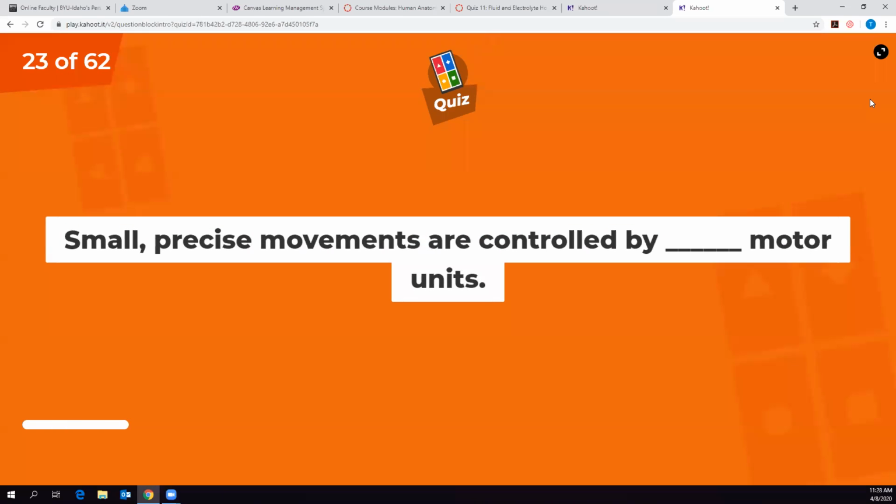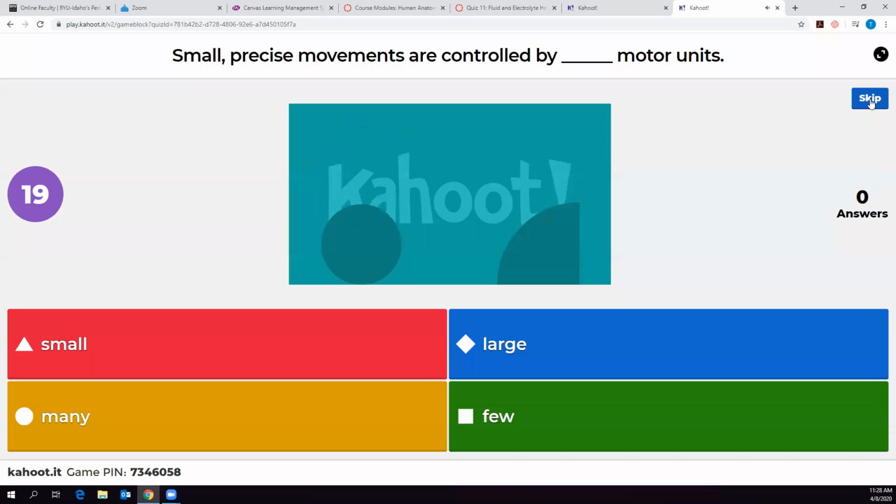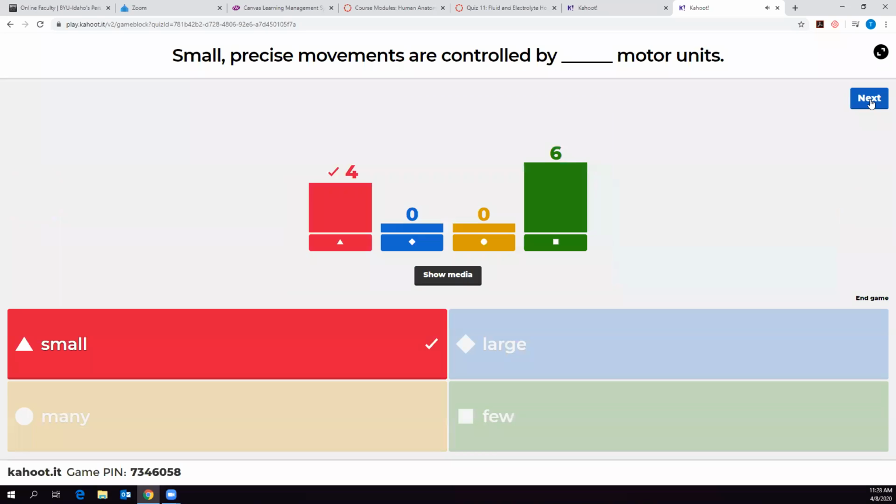Just barely. All right, small precise movements are controlled by what kind of motor units? Small, precise, or delicate movements. Yes, not few, because what if you had a few big ones?